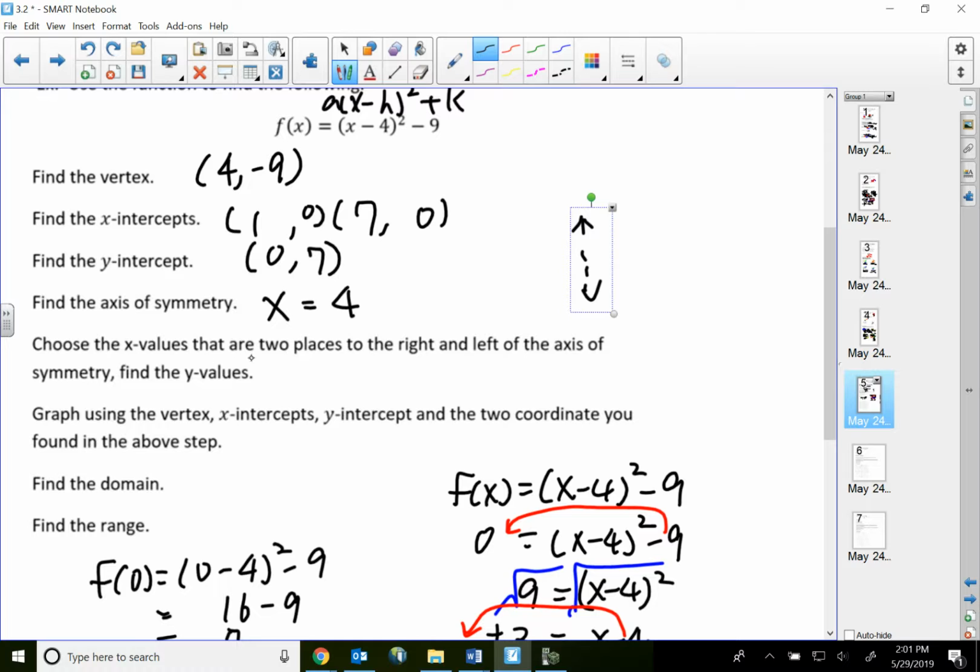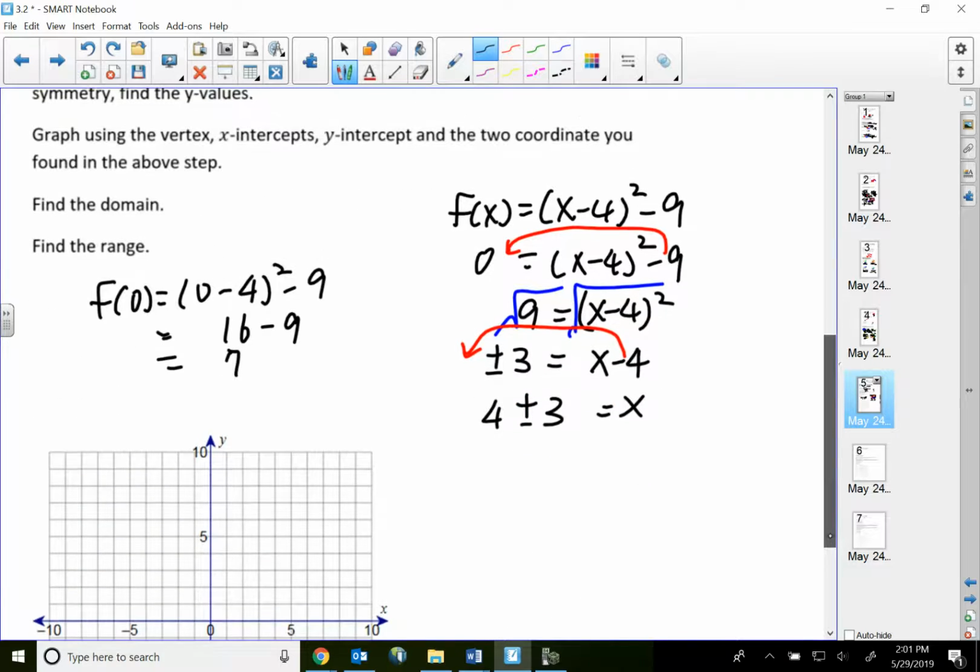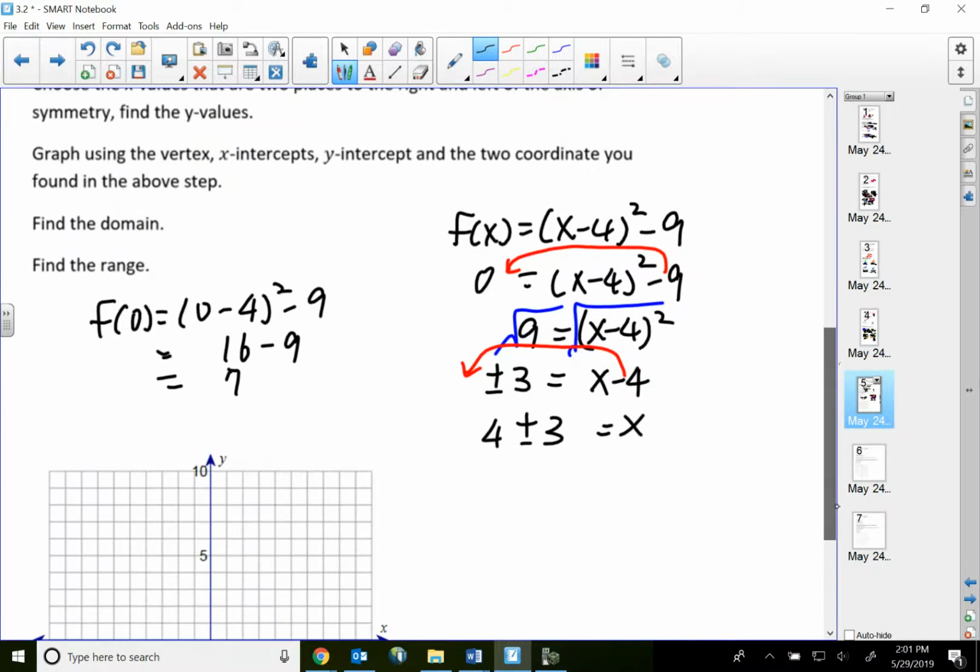All right, choose the x values. There are 2 places to the right and 2 places to the left of the symmetry. Let's think about this for a minute. The vertex x value is 4. If I pick 2 places to the right, that is 6, and 2 places to the left, which is 2.